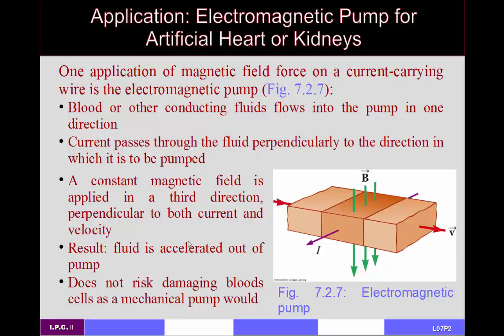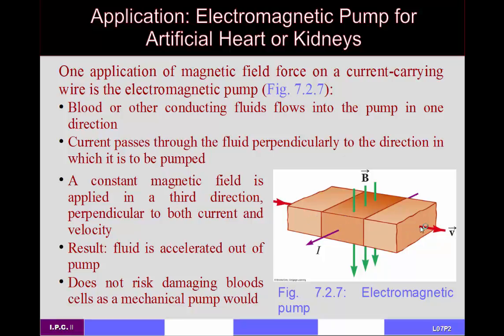And that can put some mechanical shock on the blood cells. Certainly the heart does this a very little amount. Most mechanical pumps that we actually build do this to a larger amount, and so that can damage the blood cells.